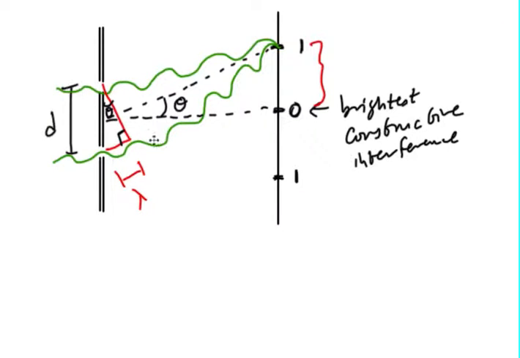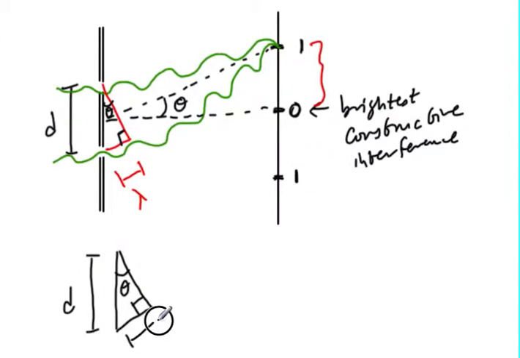Let me zoom in on this part. This is d, this is a right angle triangle, and this is theta. You can investigate why that is theta; it's really simple geometry.